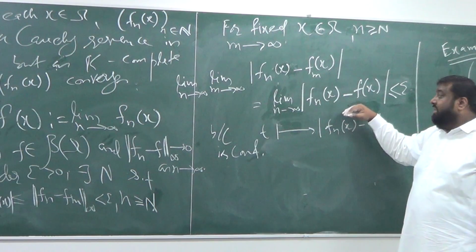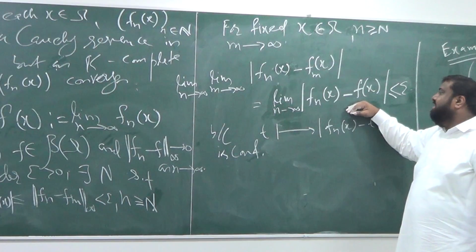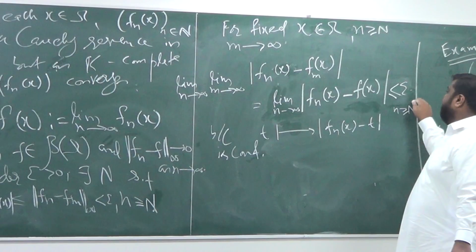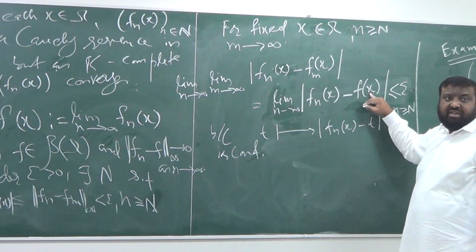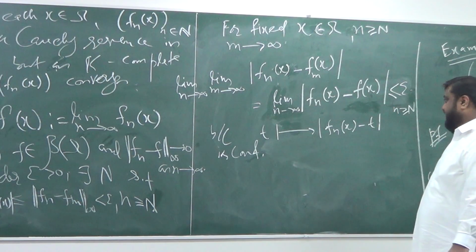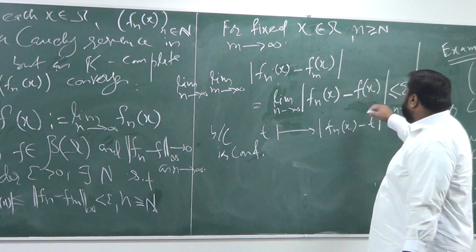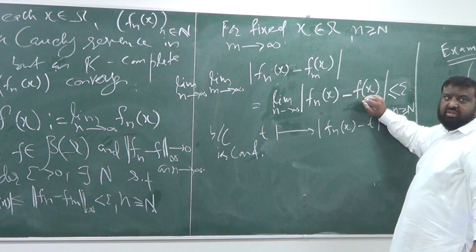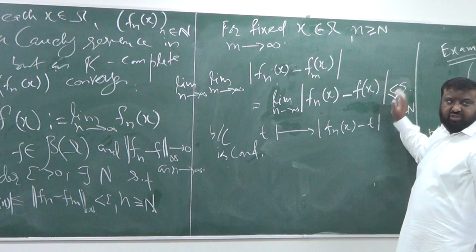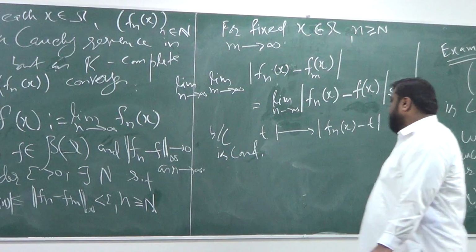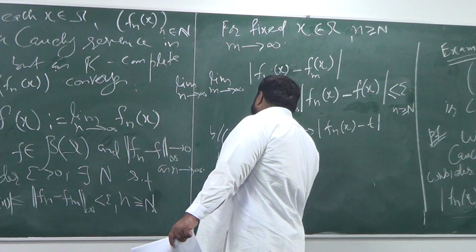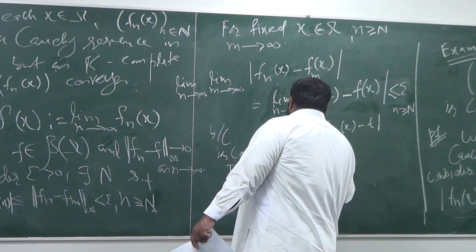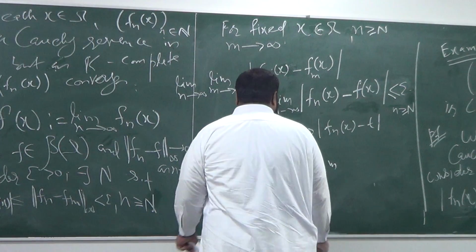If this can be estimated for any n after capital N and any fixed x, then this is an upper bound for all such expressions, so it is also an upper bound for the supremum. So if you take suprema in the last expression, what are you going to get?